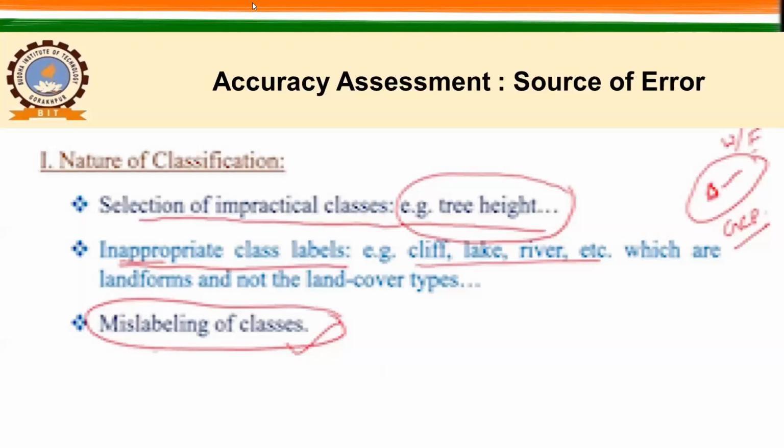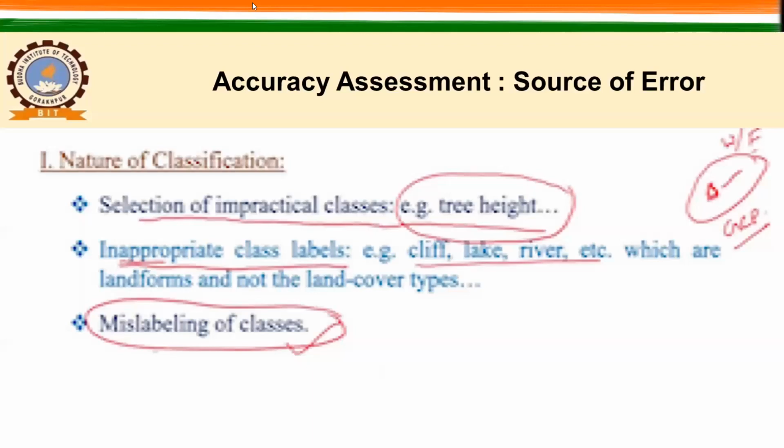Suppose you have collected this particular ground control point, and in the field you have noticed that this location, latitude, longitude, belongs to water, but by mistake you have named it forest. Then what will happen? This error will get propagated in your classification. So this is the meaning of mislabeling of the classes, right?